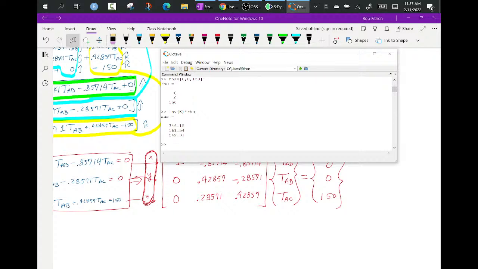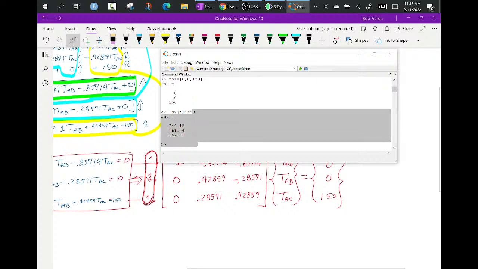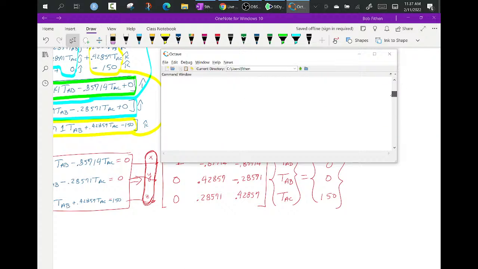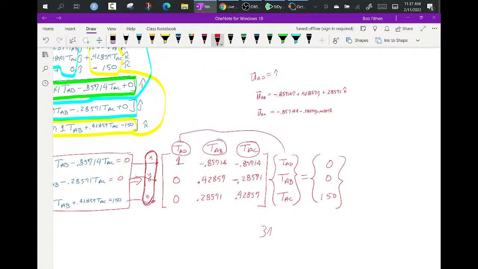And just because I want to double check. Yeah, that was a K. Okay. Let me do it again. Okay, so there's my answer: 346.15, 161.54, 242.31, and I have them in the same order that I have here.